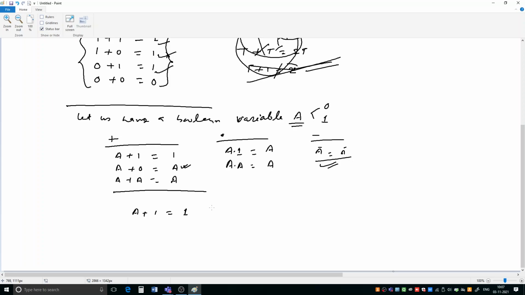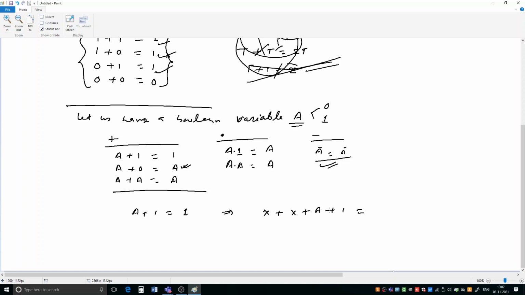Now you see, suppose we have an expression like this: x plus any value you can take, plus 1. I'm writing like this. So what will be the value of this?